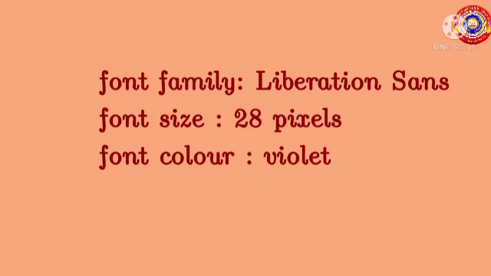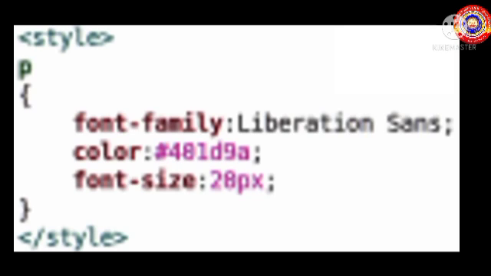Suppose I select the paragraph tag for creating a style. So, we have to set the style for paragraph. Then we have to create the style as follows. We have to give the properties inside the head tag before starting the body tag.